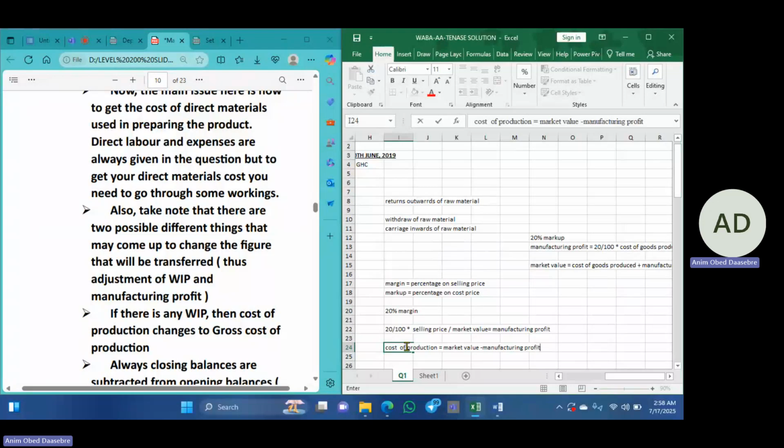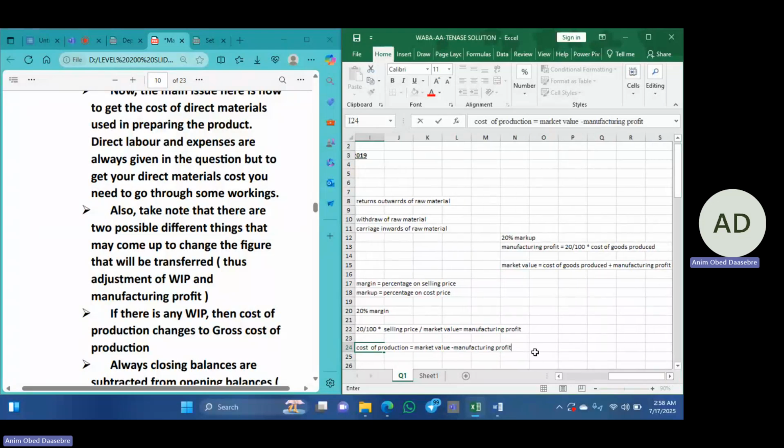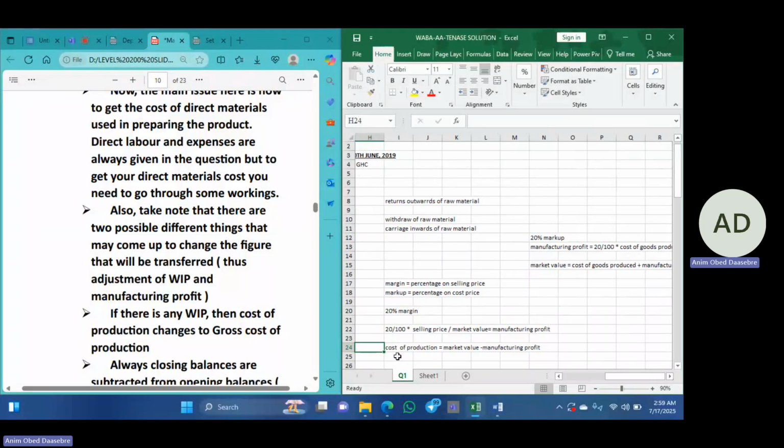So these are the two things that you also need to consider. If they give you a margin, you have to find the manufacturing profit on the selling price or the market value. Then from there, you compute your cost of production. That is your market value minus your manufacturing profit. Then you know the figure that you are going to transfer.